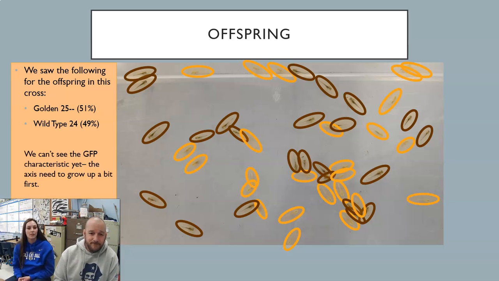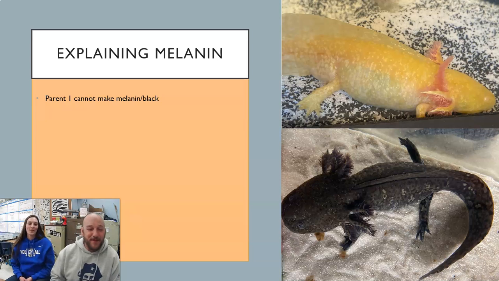They're not old enough, so we'd have to wait a little bit to know anything about that and the ratios for offspring for GFP. By the way, this 25 and 24 number is in this picture. We just took a representative picture, or a sample, if you will. If you guys have different numbers, they're still going to be close to that 50-50-ish, but your numbers could be different.